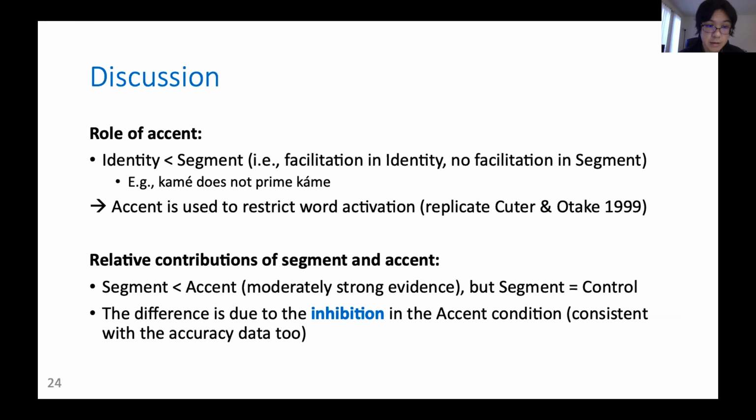And regarding the relative contribution of segment and accent, the results were not as clear as the role of accent, but we found some moderately strong evidence of the difference between segment and accent conditions, such that responses in the segment condition are faster than responses in the accent condition. But since we didn't find any difference between segment and control conditions, the difference between segment and accent conditions is due to the inhibition in the accent condition. And this is consistent with the accuracy data too.